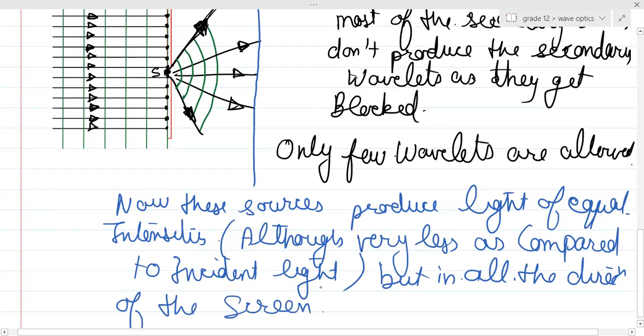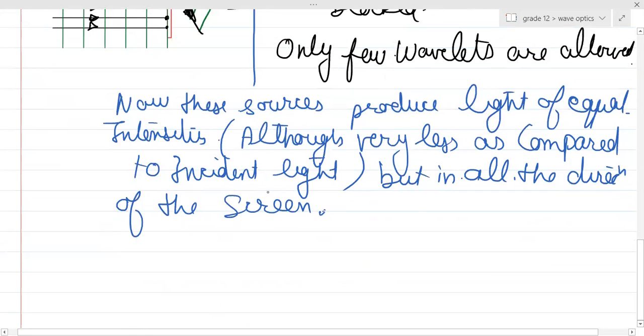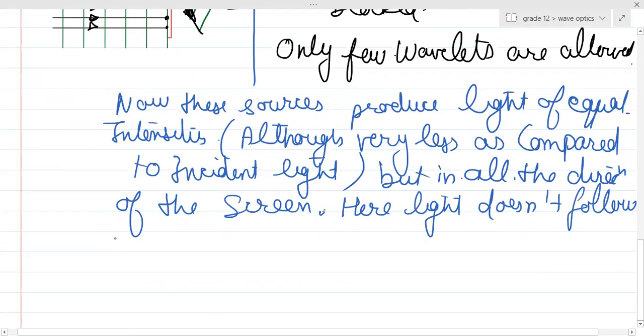Is the rectilinear propagation followed here? If rectilinear propagation would have been followed, you would have got only a small dot like this, right? Since the intensity is getting spread all over the screen, you cannot say the ray is behaving as a particle anymore. Here the light doesn't follow particle nature, or basically rectilinear propagation.